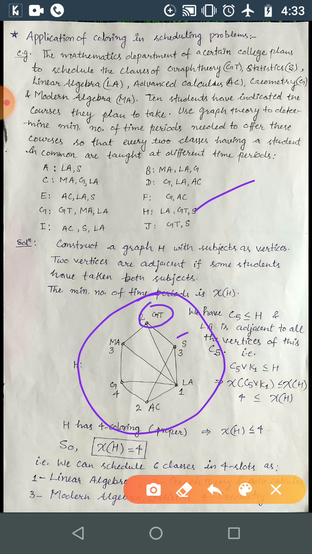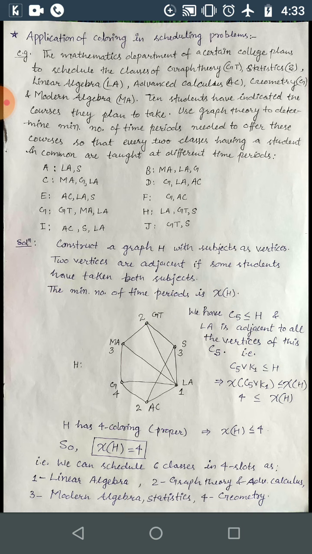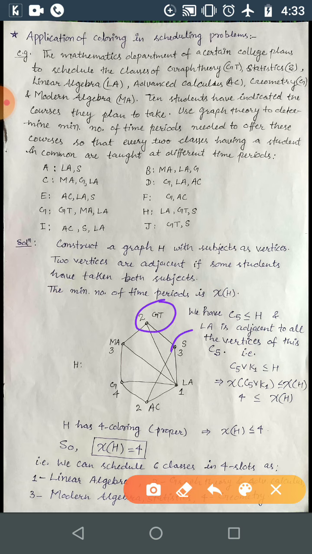Two subjects are adjacent whenever they have a common student, correct. So if we teach graph theory and stats in one particular slot, then it will not help, correct, because that student will be missing some class.